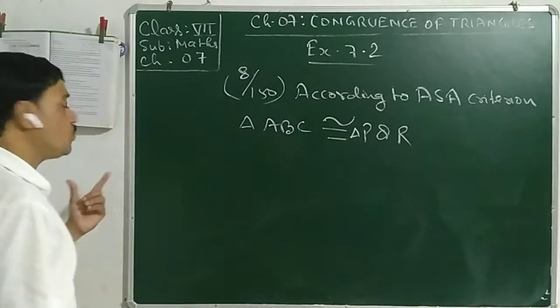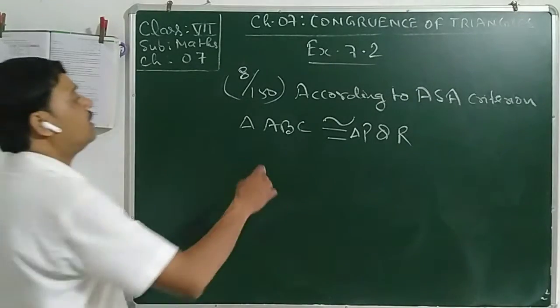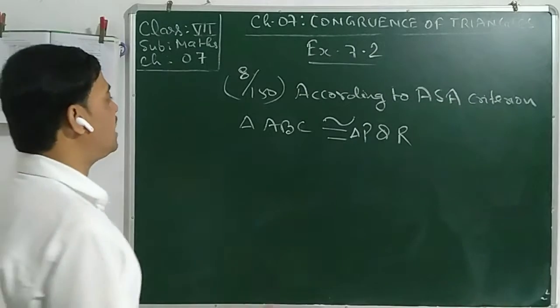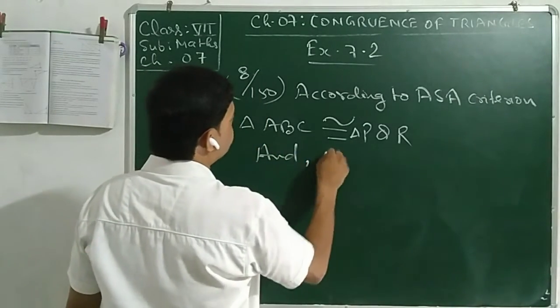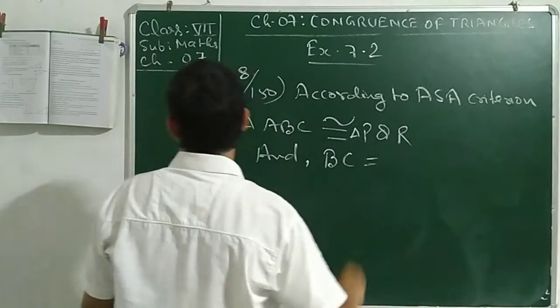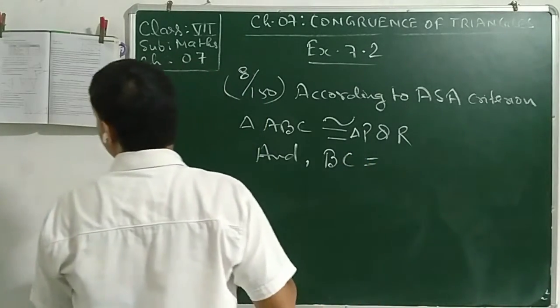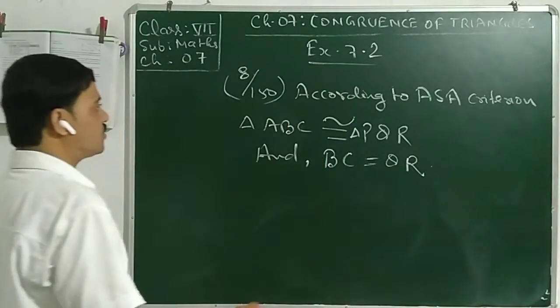So we need to mention there the side in between those 2 angles B and C. So BC, that is the side formed by B and C, will be equal to QR. This is the congruence condition.